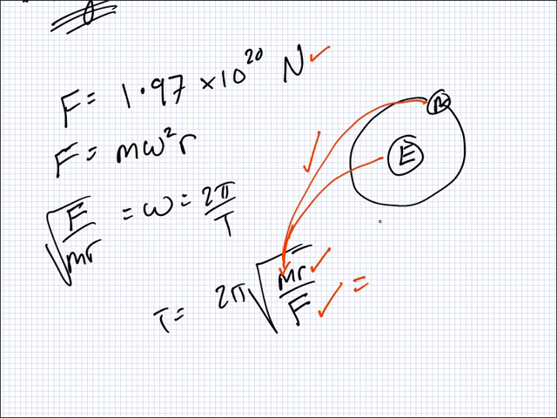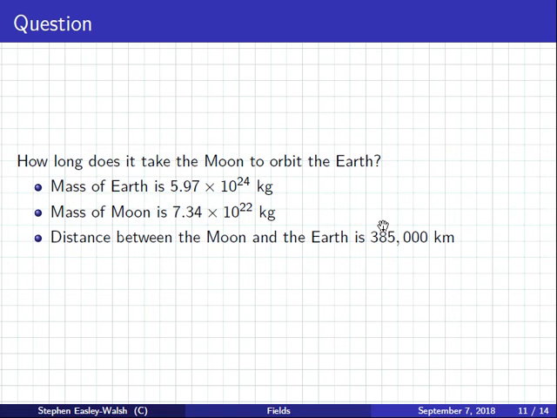The moon takes 28 days to go around, doesn't it? I think it does. So this is good. Okay, it's the same. Good.